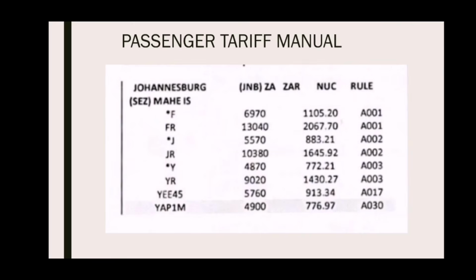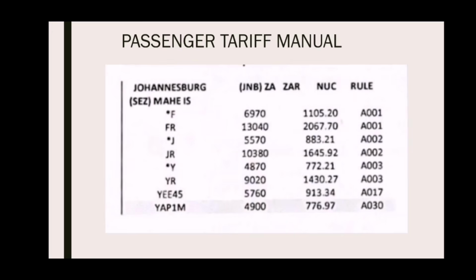You have F, FR, J, JR, Y, YR, and then after that you have your special fares, which are YEE45, YA, P1M.